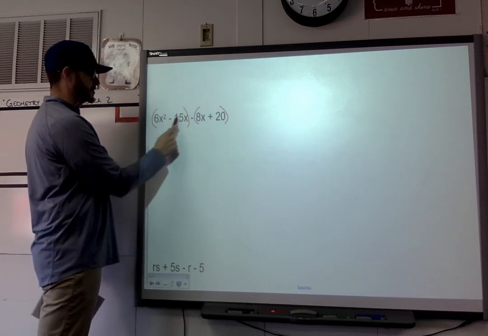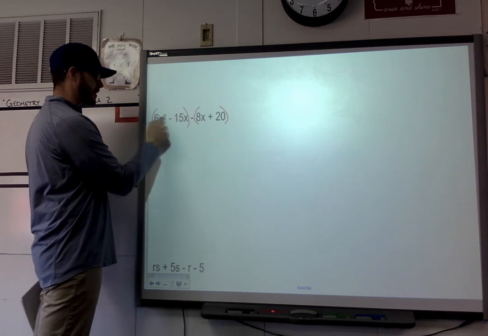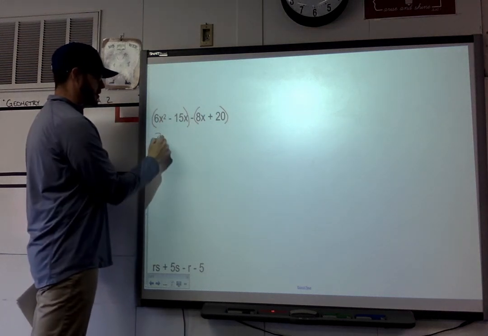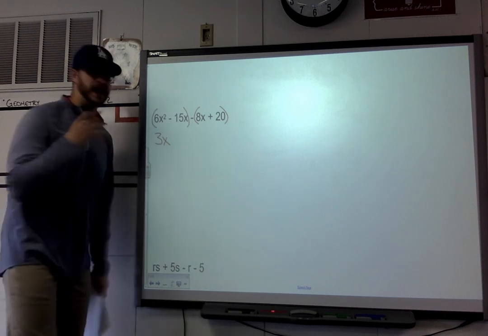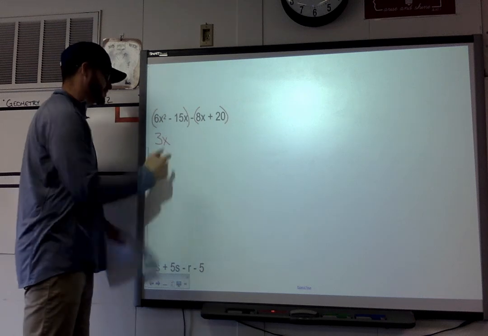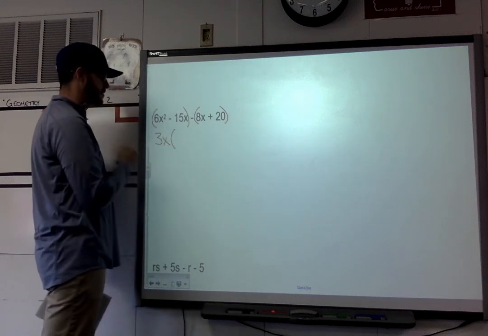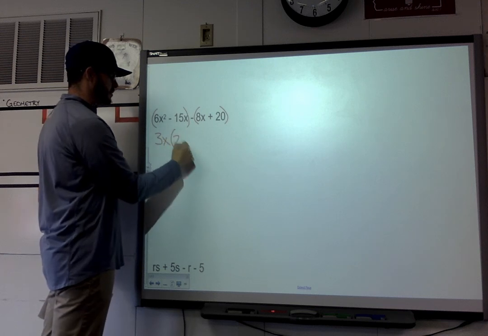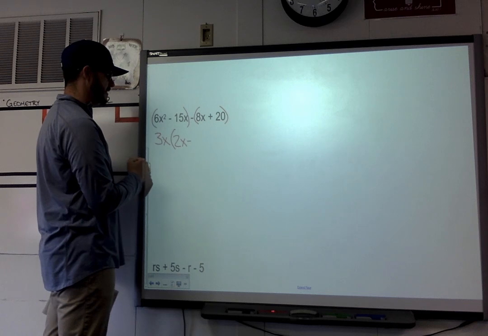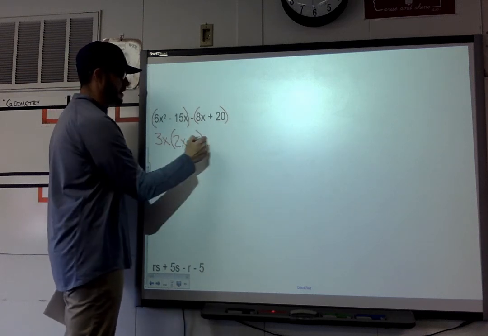So 6x squared minus 15x, the largest number that can come out of both 6 and 15 is 3. And then x is the highest degree of the variable that would go into x and x squared. So when you factor that out, 6x squared divided by 3x, we're left with 2x, minus 15x divided by 3x, which leaves us with 5.